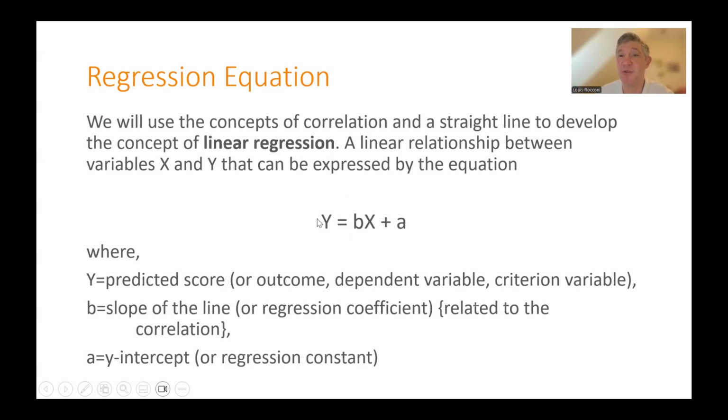So y here is our predicted score, our outcome, our dependent variable. B here is the slope of the line. That's the rise over run, right? How far we go over and up. What's that angle of the line, the slope of the line. Here, that's what the B represents. And the A here is a constant or the y-intercept. It just says, where does that line cross the y-axis? It just anchors the line at where it crosses the y-axis.